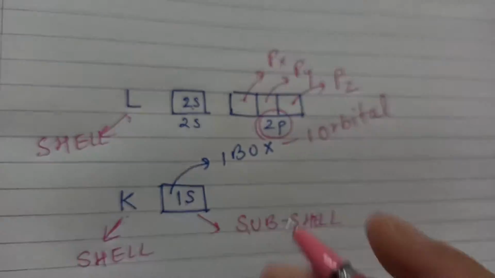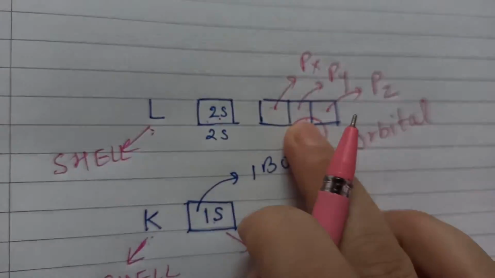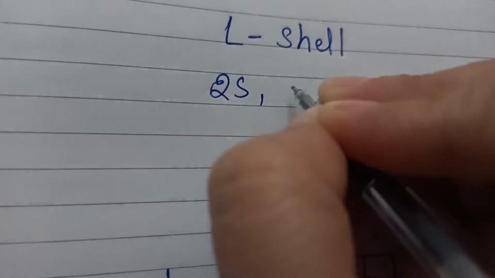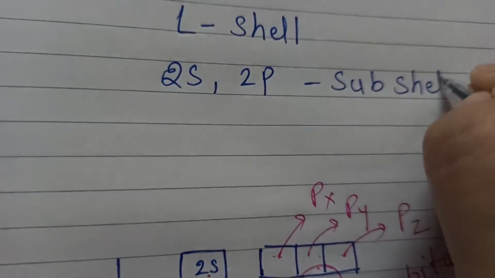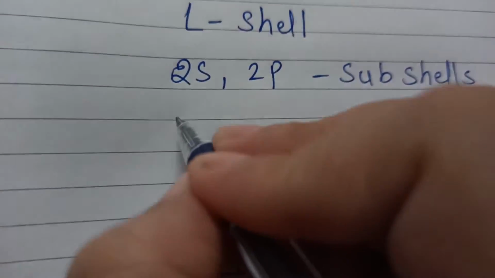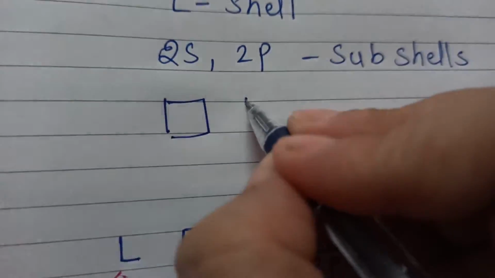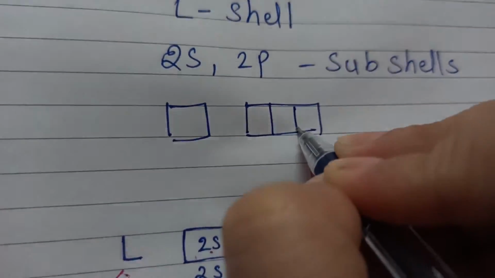So for this level I am telling you: L is your shell which has two subshells 2S and 2P. 2S has one orbital and 2P has three orbitals.